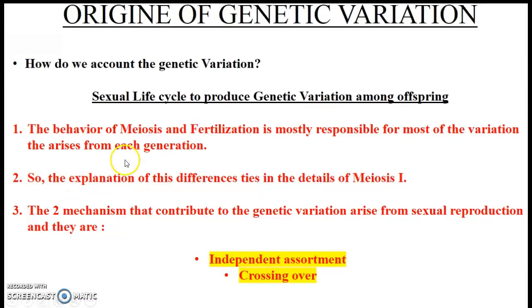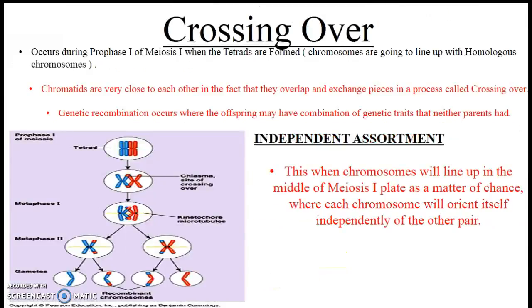The two mechanisms that contribute to the genetic variation arising from sexual reproduction are independent assortment and crossing over. Crossing over occurs during prophase 1 of meiosis 1 when the tetrads are formed.